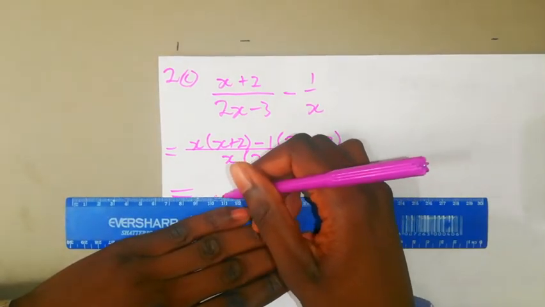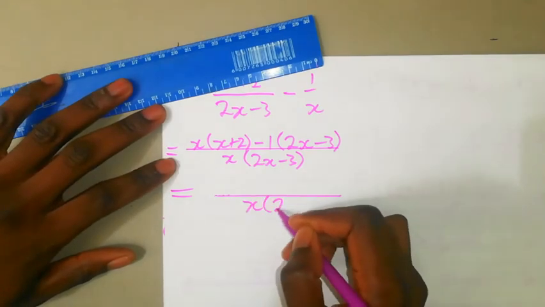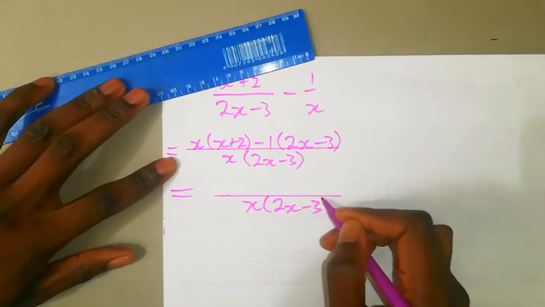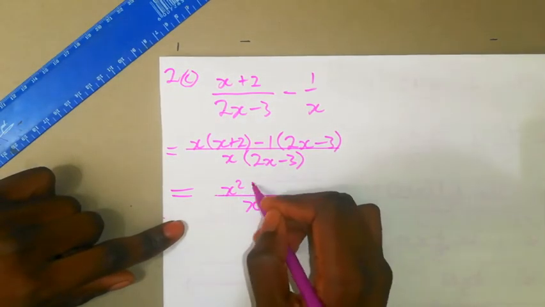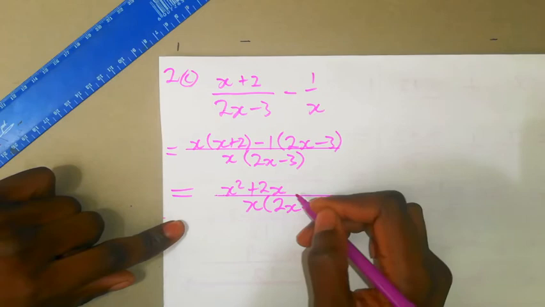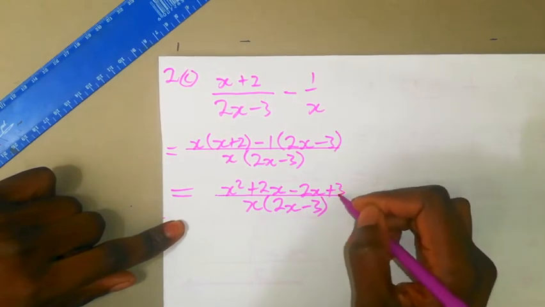Then it's equal to my common denominator, x bracket 2x minus 3. So I'm now multiplying there. That's x squared plus 2x minus 2x plus 3.